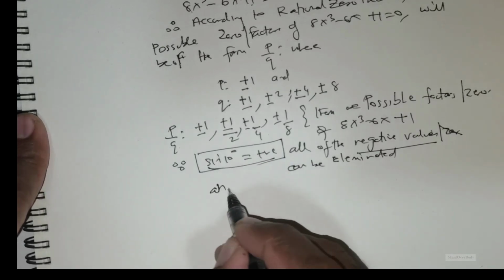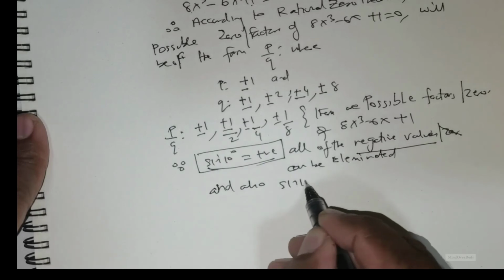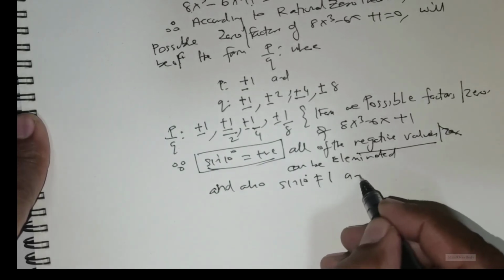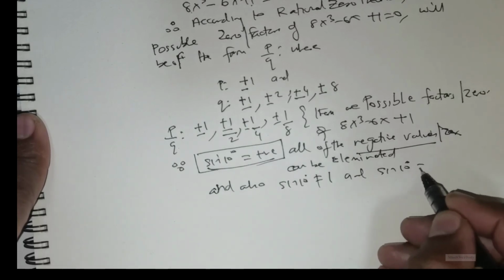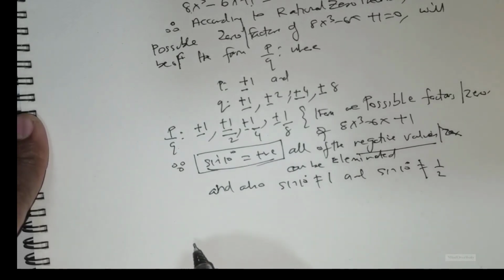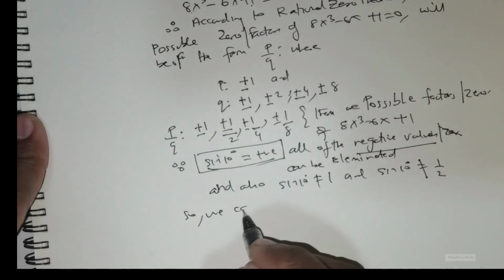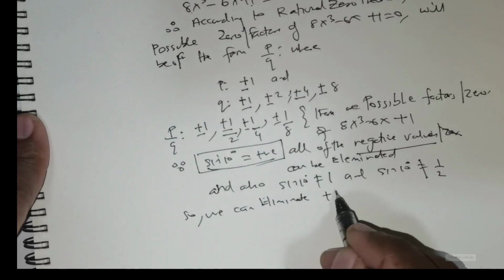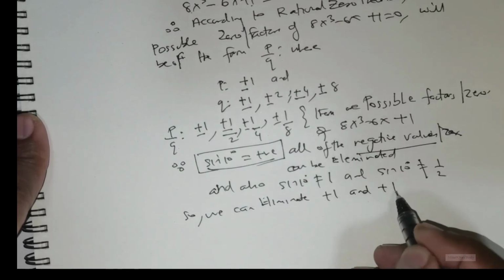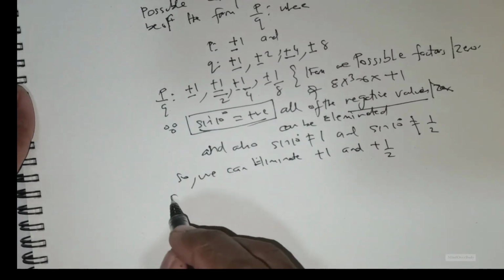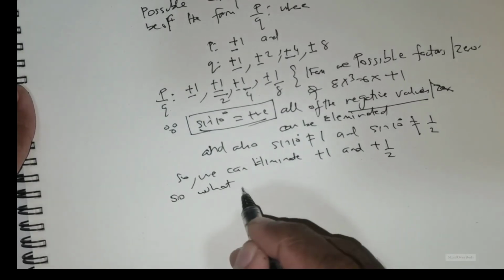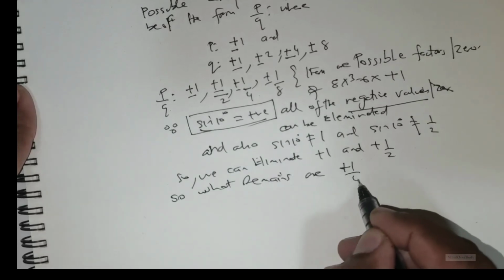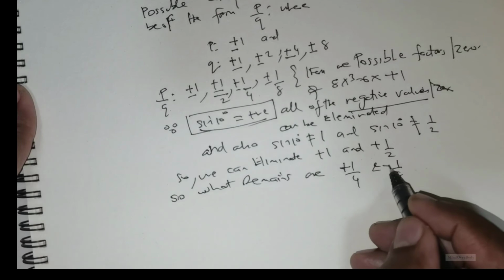And also sin 10 cannot be equal to 1, and sin 10 degrees cannot be equal to 1 over 2. So we can eliminate plus 1 and plus 1 over 2. So what remains now is what? What remains are plus 1 over 4 and plus 1 over 8.